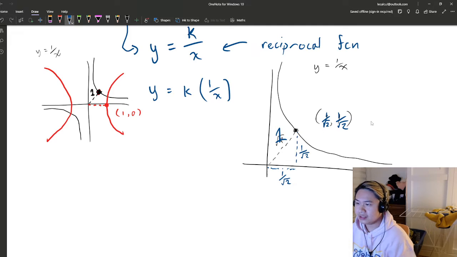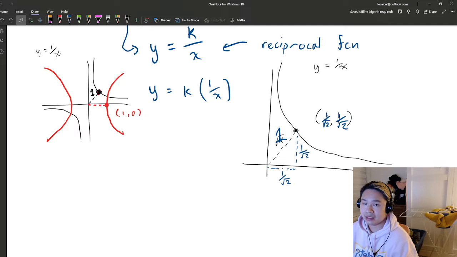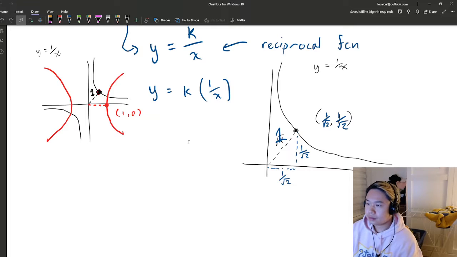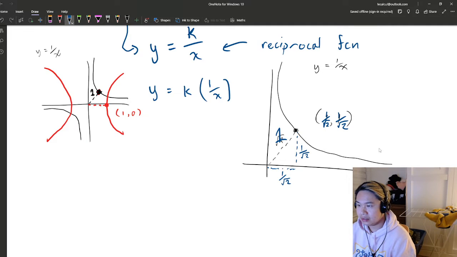And then that will give us the correct distance of 1 that we need, so that this point lands and coincides with the reciprocal graph. So what we've done is we've basically transformed our function. We had two transformations.